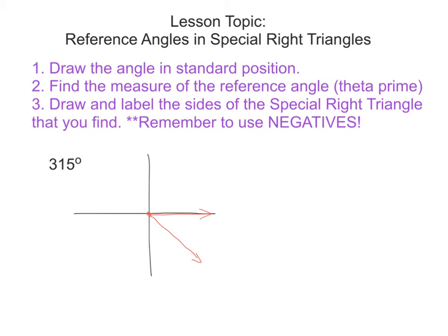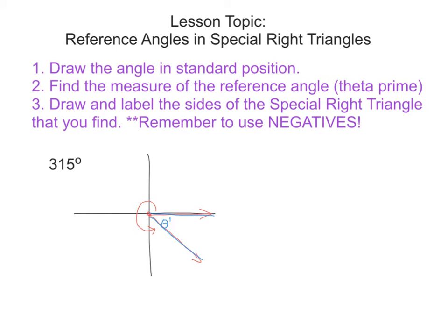Now it says find the measure of the reference angle, that's theta prime, we know about that. So theta prime is found with the terminal side of the original angle and the nearest portion of the x-axis. So our reference angle is that same angle there, which is theta prime. Now we can find theta prime because we know that the initial angle theta is 315, again right here, 315.